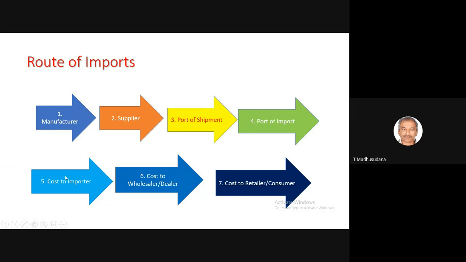Again, the importer is selling goods to the wholesaler or dealer. So here it is income for the importer and it is a cost to the wholesaler. And in the same manner, the wholesaler or the dealer will sell goods to the retailers. Here it is income to him, and a cost to the retailer.